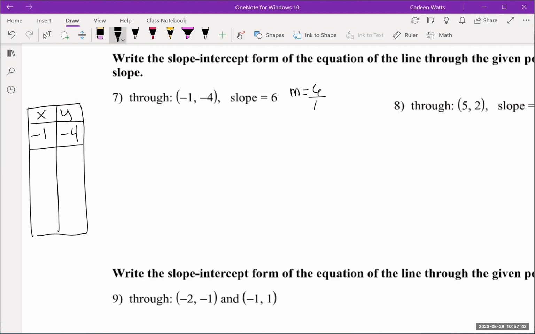Okay, that means, you're not going to like this, but change in y, that's the rise. Change in y. That's a chemistry symbol. We get that from science. Delta, the little triangle, change in y over change in x.